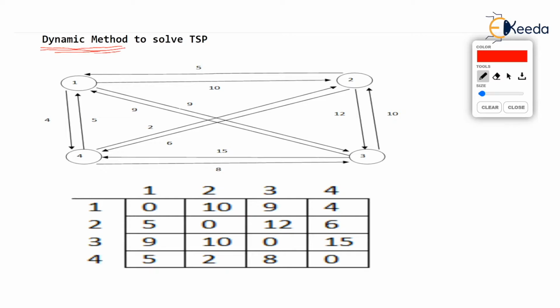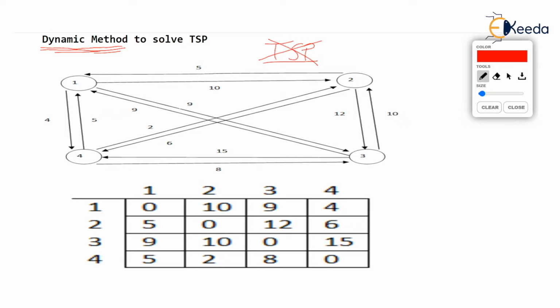In fact, very early I am telling you that the TSP, traveling salesman problem, has not been solved comprehensively by anyone till now. That means the time complexity of TSP is huge for any method that you opt for. One of the methods is dynamic, which is better than brute force.